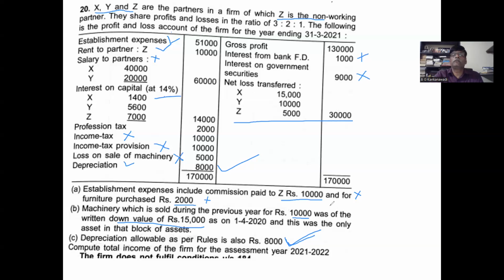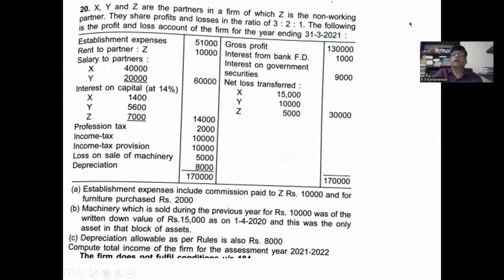Whatever balance remains is the business income. After business income, you calculate capital gain, where 5,000 is the capital loss. Then you calculate income from other sources. In this way, you calculate. You see the simple calculation here.